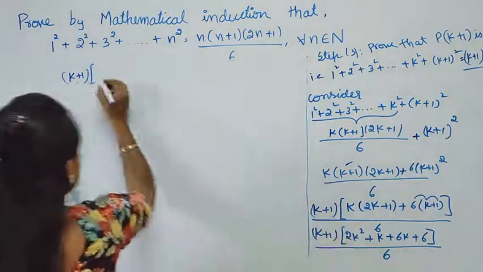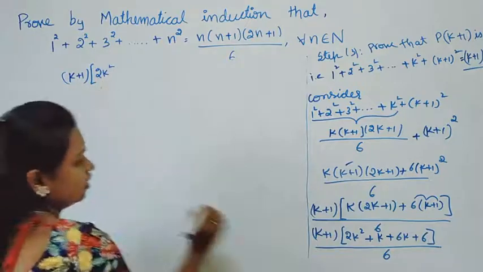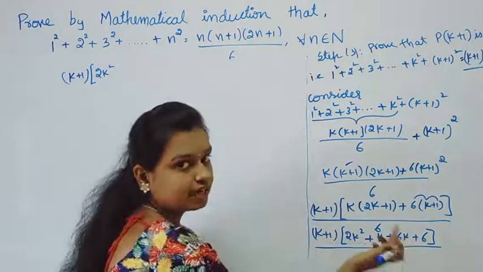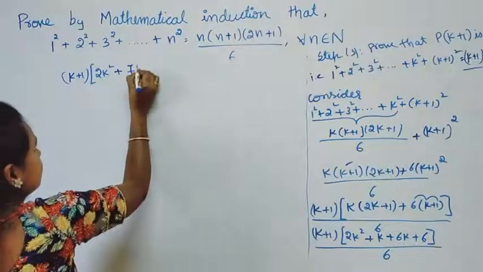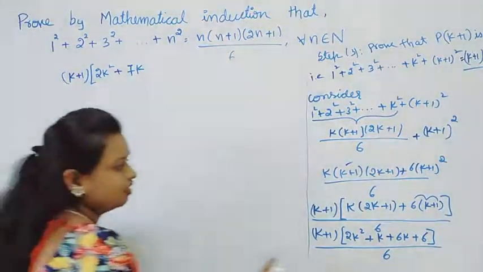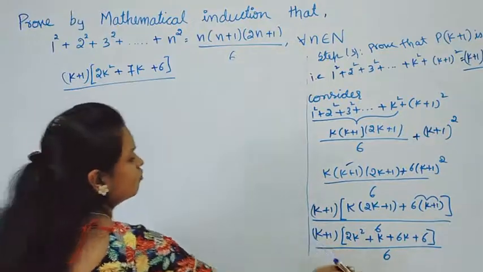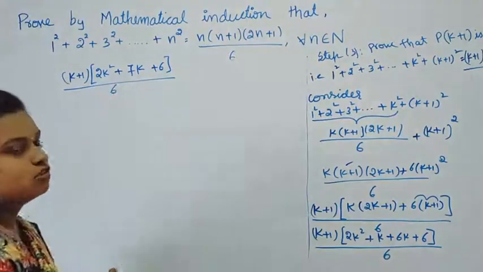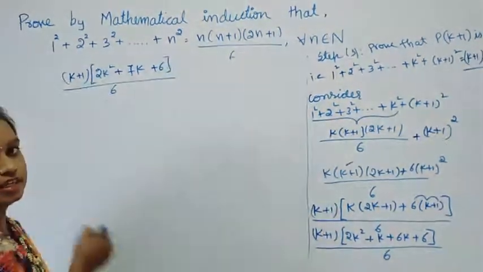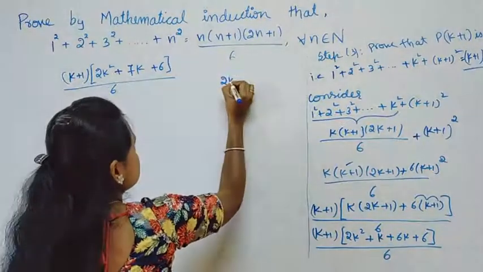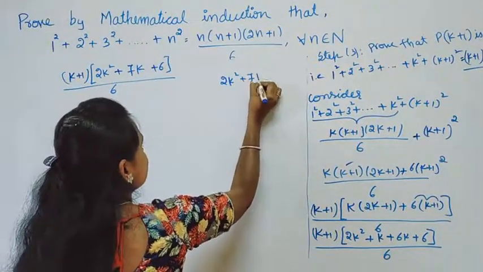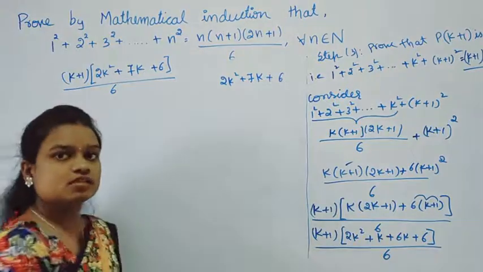So here we have 2k square. So k plus 6k becomes what? 7k. 6 plus 1 is 7, plus what we have? 6, whole divided by 6. So this is what we have to factorize. So factorize 2k square plus 7k plus 6.